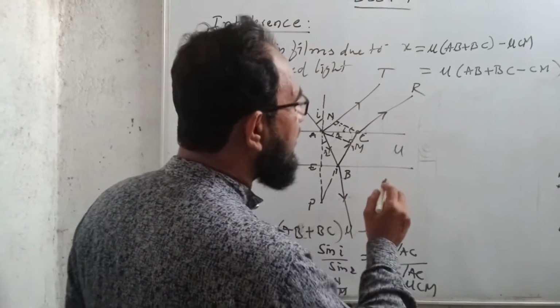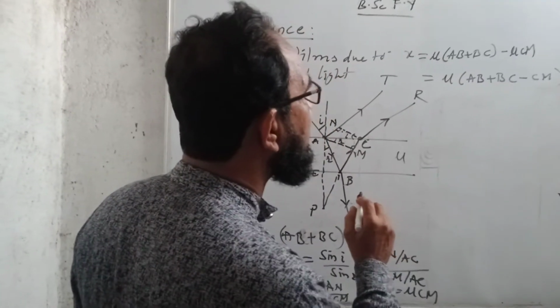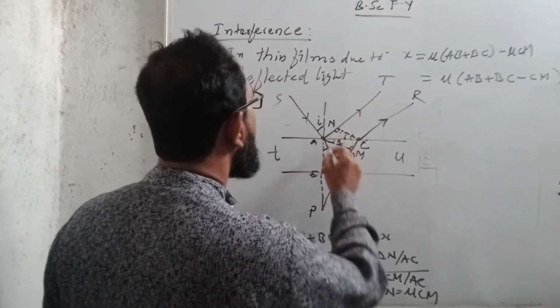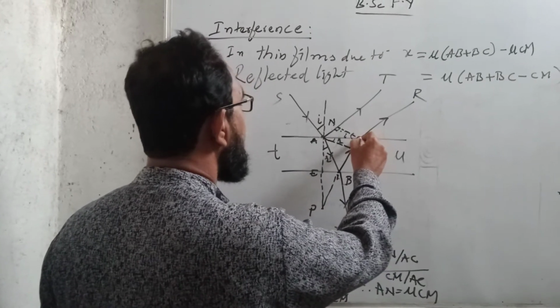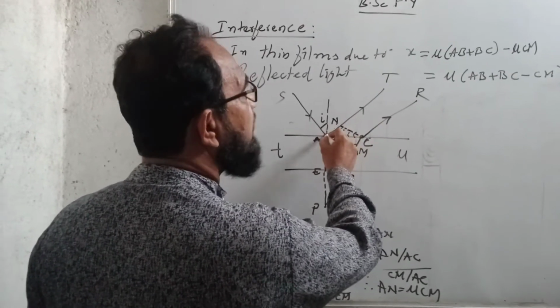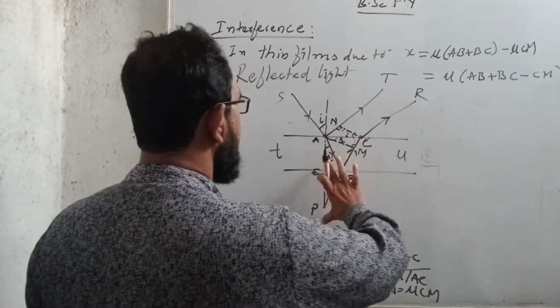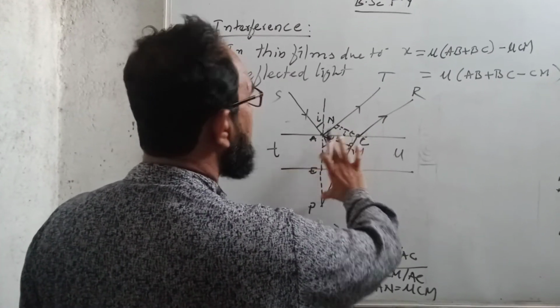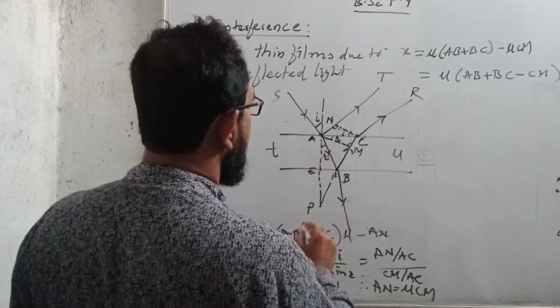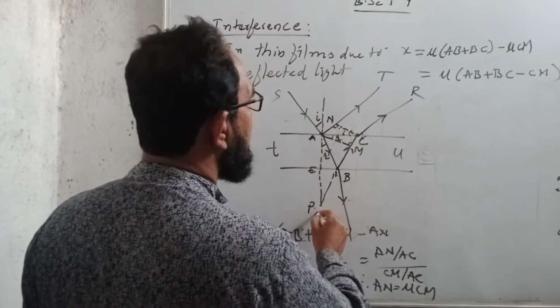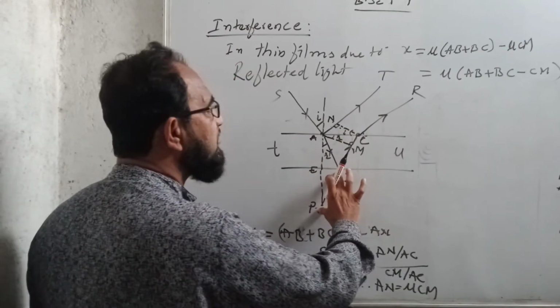So here you will get AB plus BC. This distance plus this distance should be equal to PC distance, because this distance is equal to this distance.